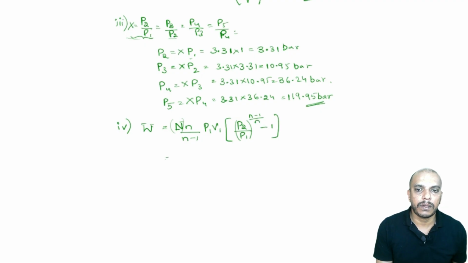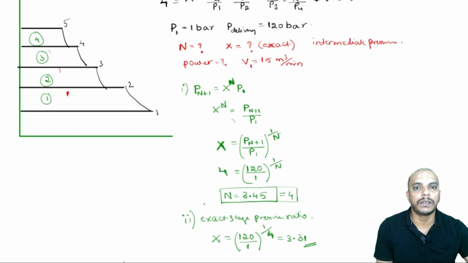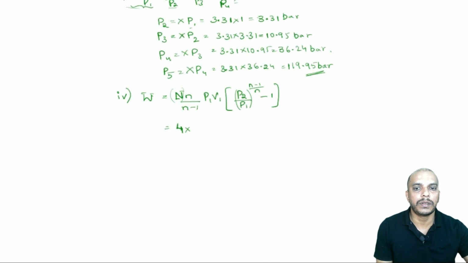The number of stages here is 4. The value of n has been given to us as 1.2. So, 1.2 divided by 1.2 minus 1, and P1 is 1 bar, so 1 into 10 power 5.